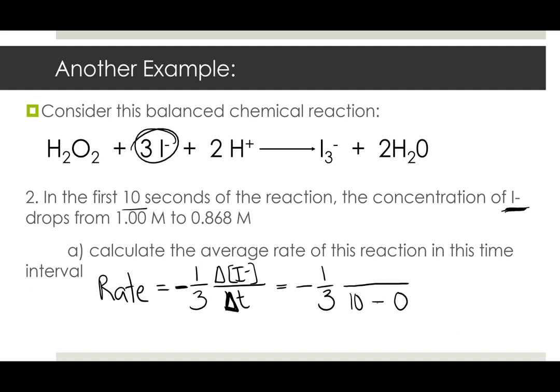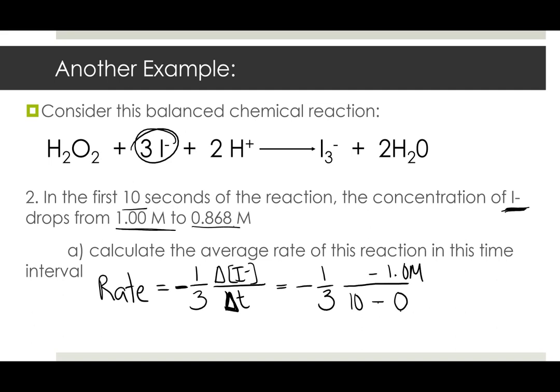So final minus initial. 10 seconds was when I stopped my watch. 0 seconds was when I started. So final minus initial. Okay. So let's do the same thing for the top. So the concentration of the iodine before I even hit play, before we did this reaction, the concentration was 1 molar. So that's initial, 1.0.